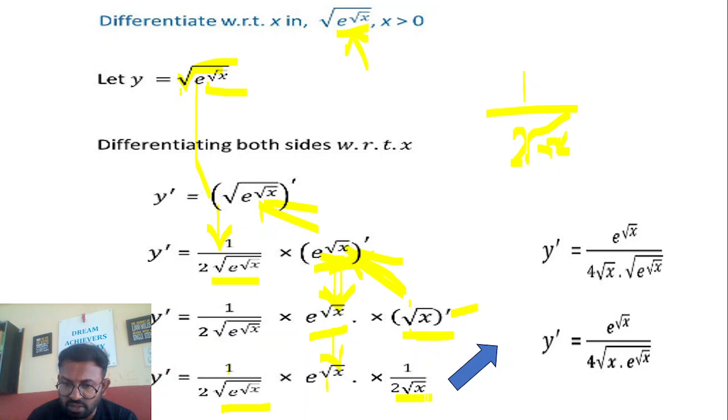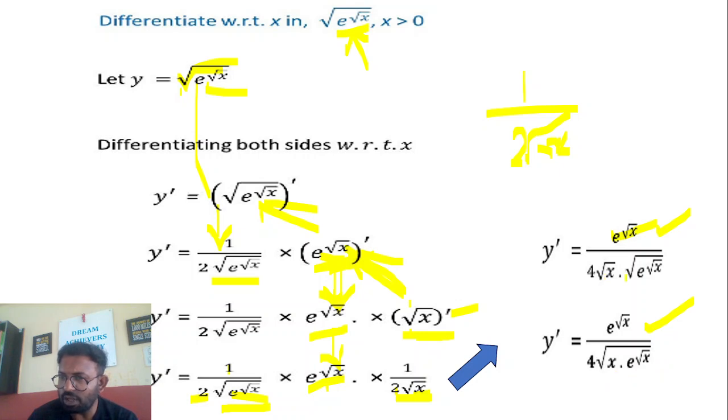Now, I can write this one as, in the numerator I am having only e power root x into 1, that is why e power root x. Next, 2 into 2, 4 into root x into root of e power root x. Clear? So, finally, I can write this equation as e power root x divided by 4 into root of x into e power root x.